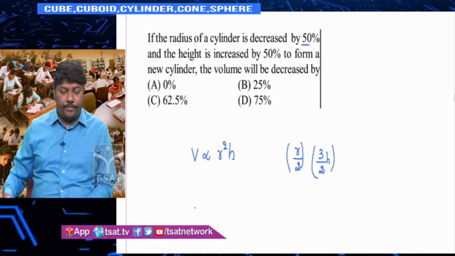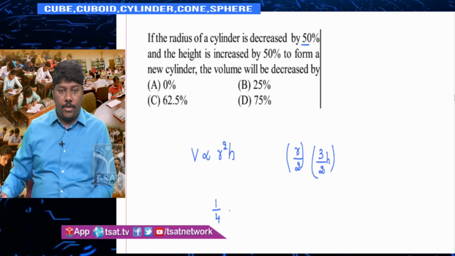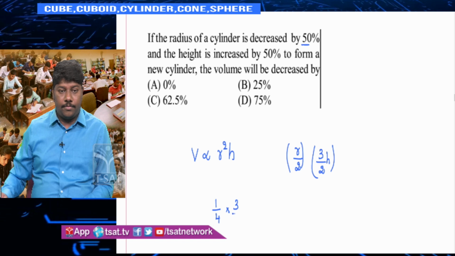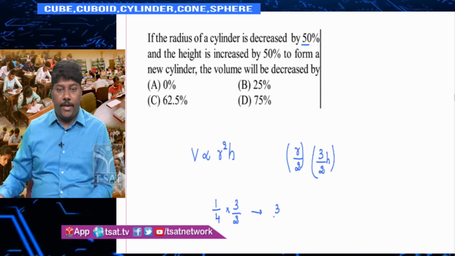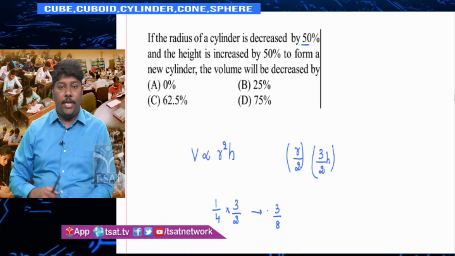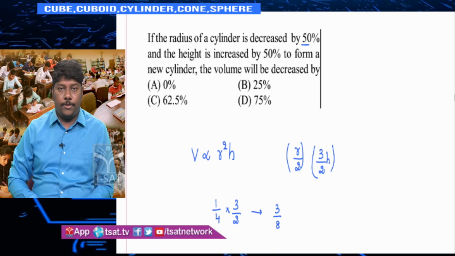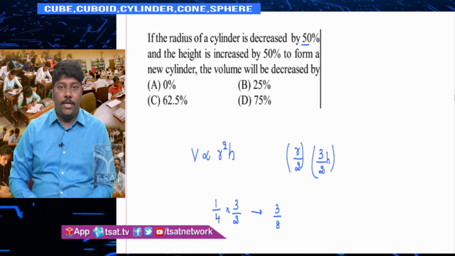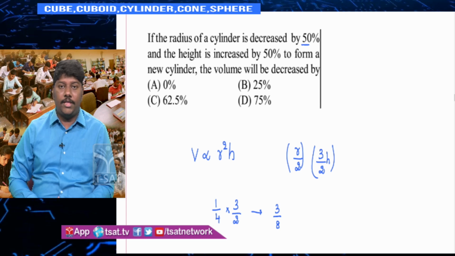This is your new radius and your new height. Substitute it and check. What happens? 1 by 2 squared means 1 by 4 into 3 by 2. In terms of fraction, it becomes 3 by 8. Now, 3 by 8 indicates a fraction, which indicates a decrease. How much decreasing? Earlier the denominator was 8. Now it is becoming only 3.